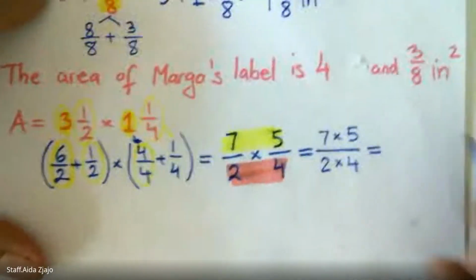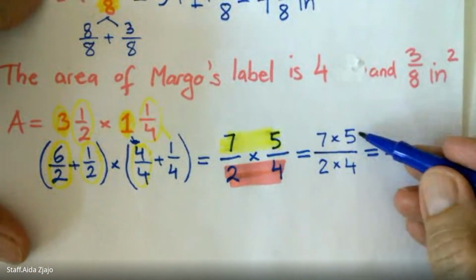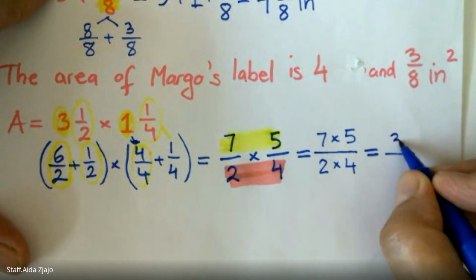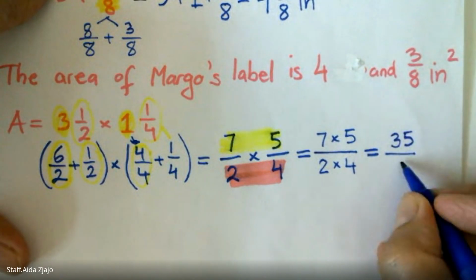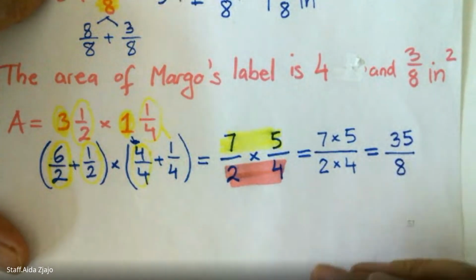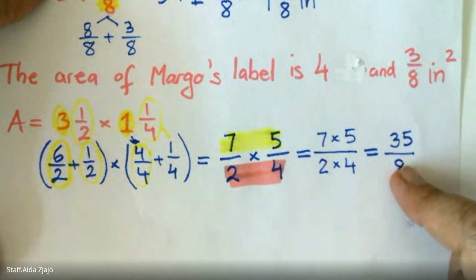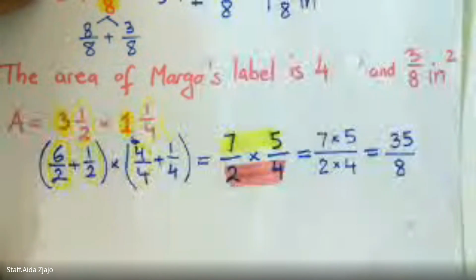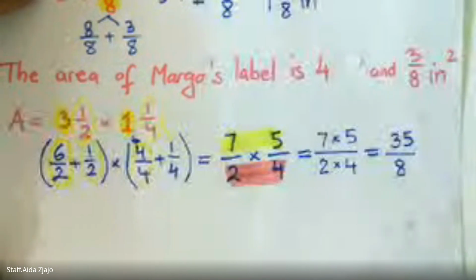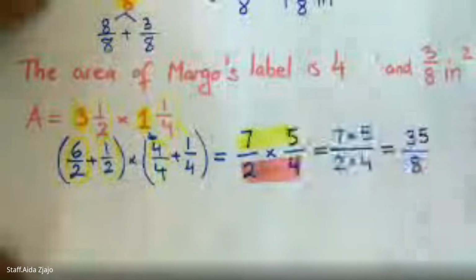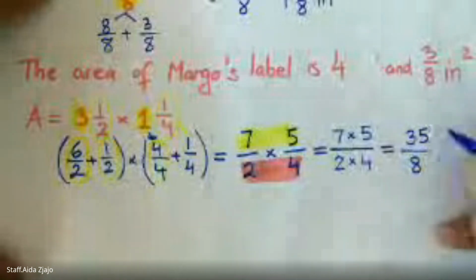When I do that, I can say, oh, 7 5s are 35 and 2 4s are 8. So now my answer is in fraction form. If they ask you to leave the answer as a fraction, this is going to be 35 eighths square inches.